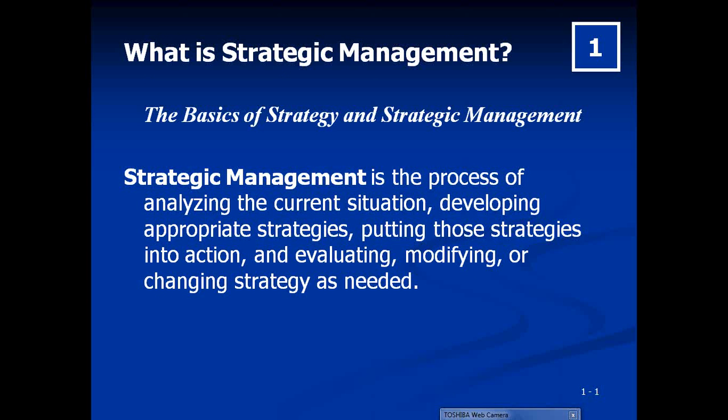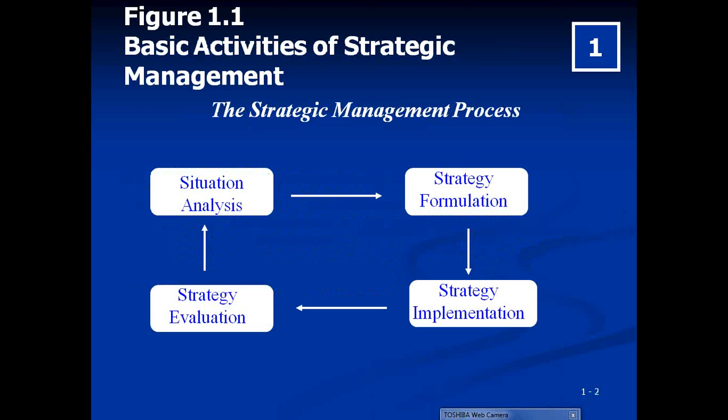The second stage is develop appropriate strategies, which your book calls strategy formulation. If I'm in St. Cloud and I want to get to Brainerd, I could take the bus. Maybe I could take the train. Maybe I can start calling friends, see if any of them are going to Brainerd. I could even drive to Brainerd. And if I decide to drive, then I have to decide on the strategy.